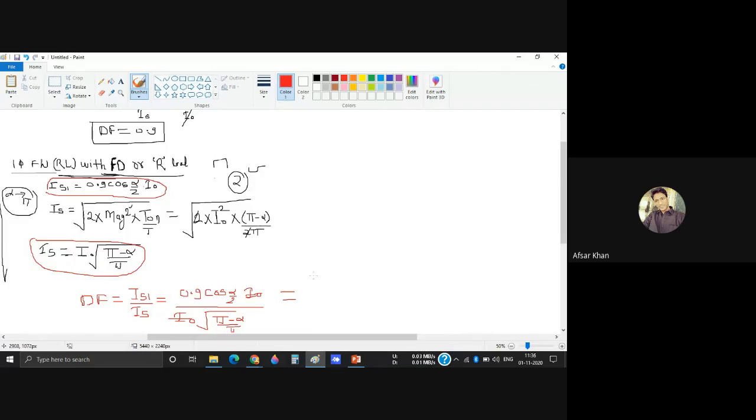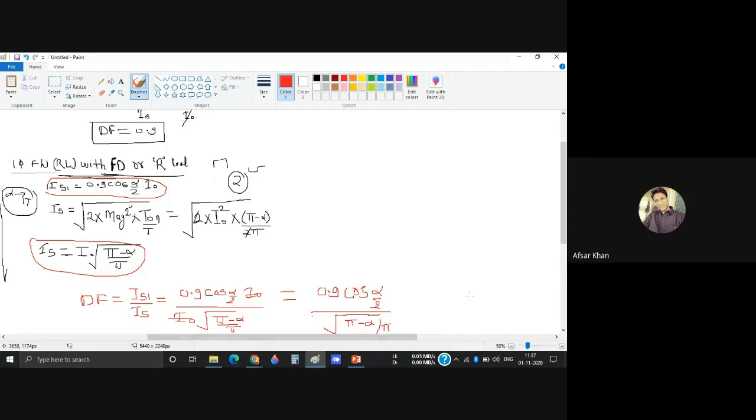So this is your formula. That is 0.9 cos alpha by 2, divided by the root of pi minus alpha by pi.